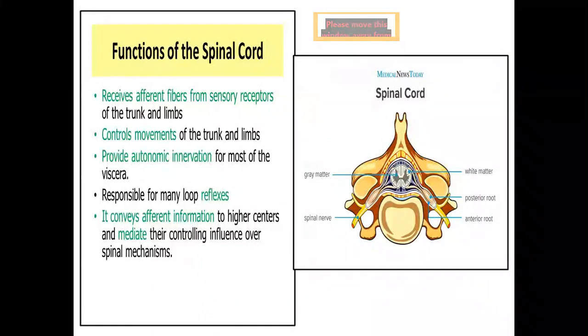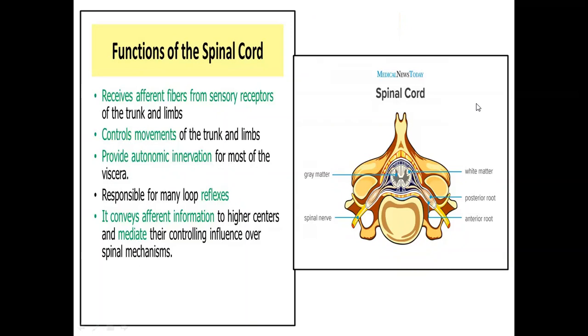So here are the different functions of spinal cord which is being given, students. First of all, it receives all kind of sensory impulses from the sensory receptor. And similarly, the fifth point you see, it conveys afferent information to higher centers and mediate their controlling influence over spinal mechanism.